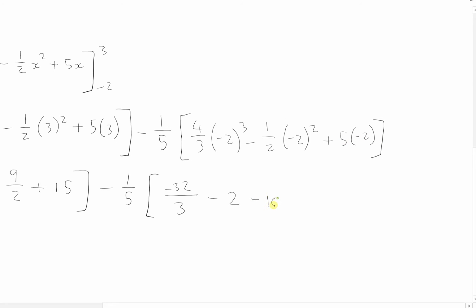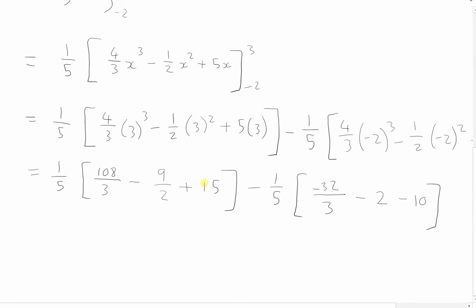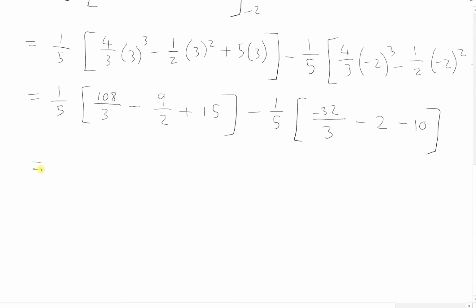So it's going to be negative 10. Okay, so let's simplify the insides first before I multiply with the outside. I've got 15. What I want to do is find the lowest common denominator. I see it as 6, so I'm multiplying the 108 by 2, which becomes 216 over 6, minus, I'm multiplying the 9 by 3, which is 27 over 6, because I'm trying to get the lowest common denominator.